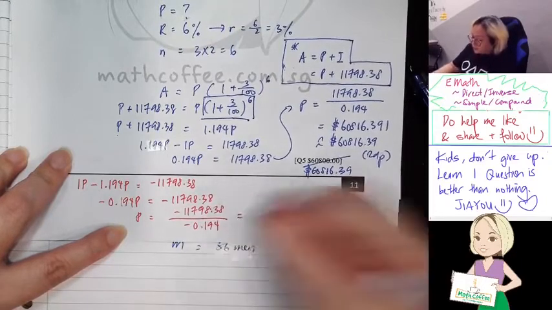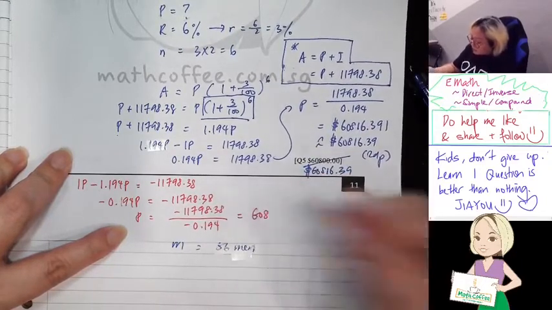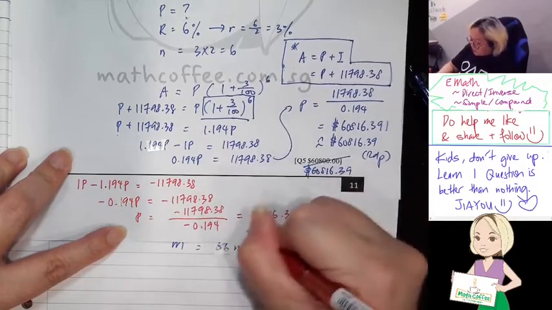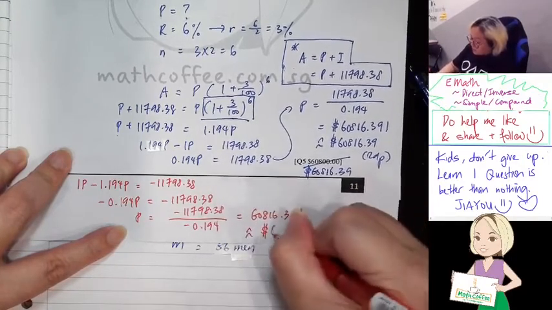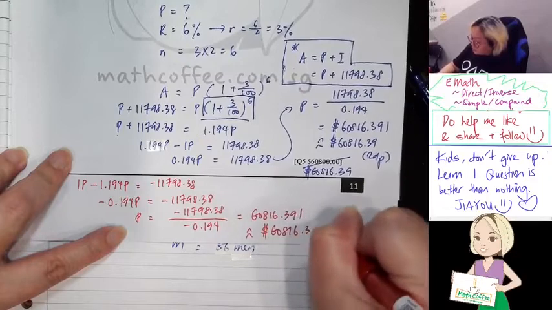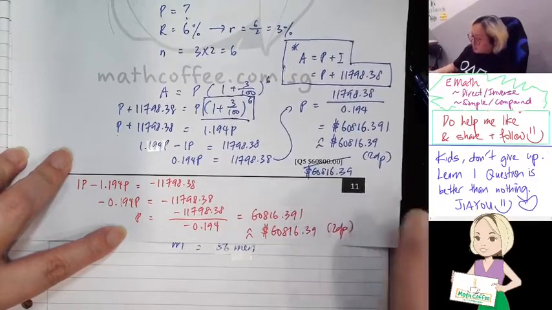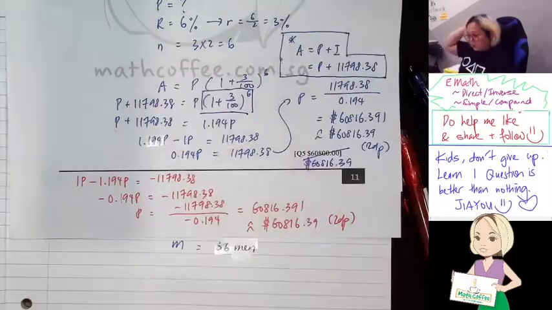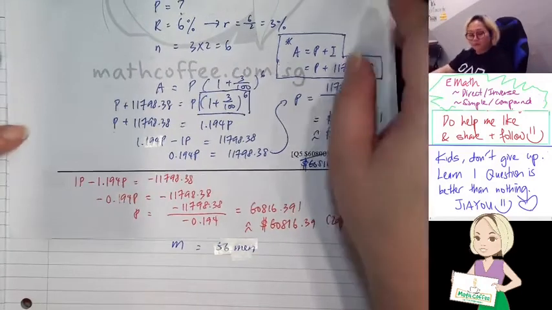So in the end, you will still get the same, which is 60816.391. Again, round off to 2 dp, 60816.39, 2 dp. So it is the same. It's just that what I did was I just swapped.